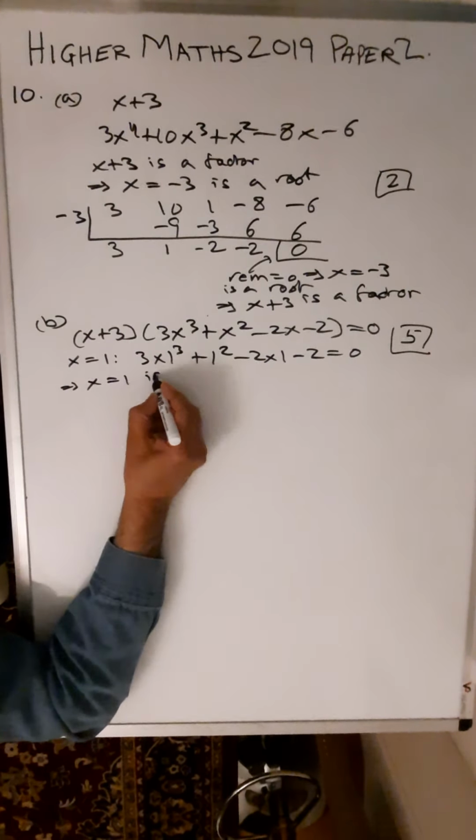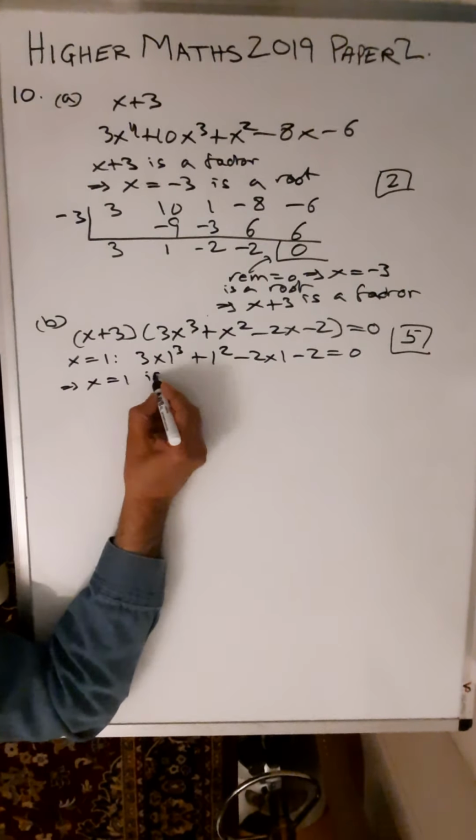And 2 minus 2 is 0. Again, you got a remainder 0, which implies that x equals 1 is a root, and it further implies that x minus 1 is a factor.